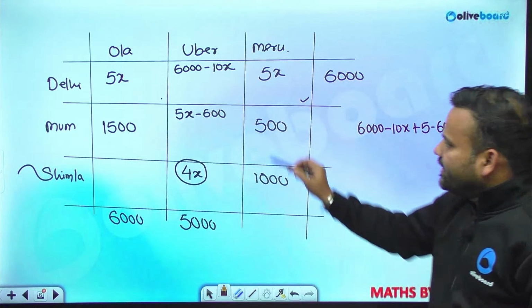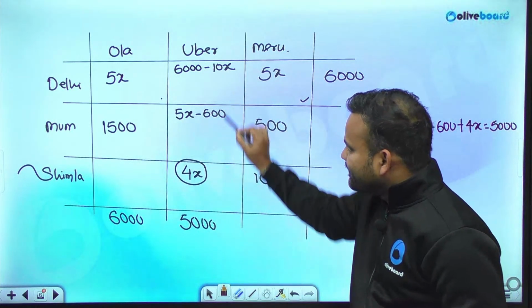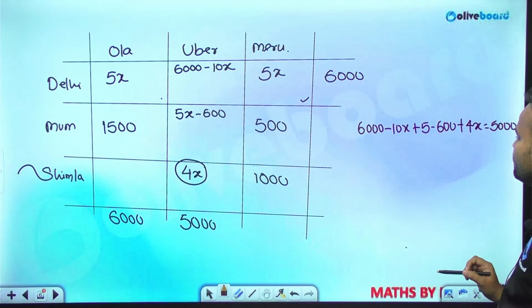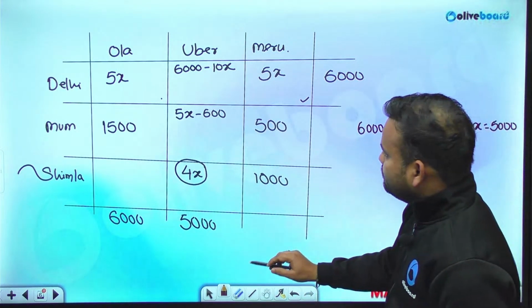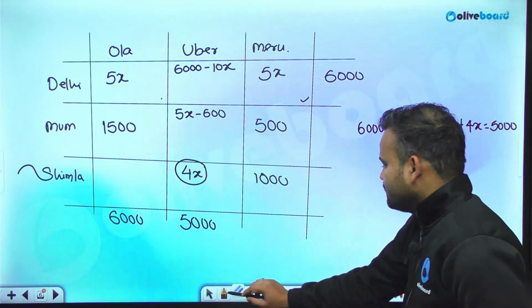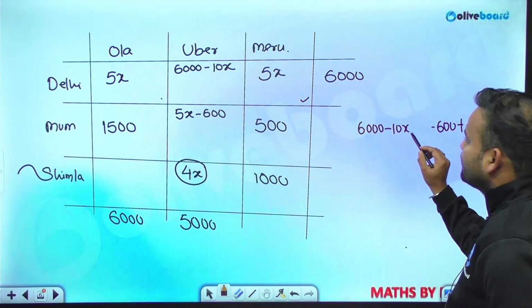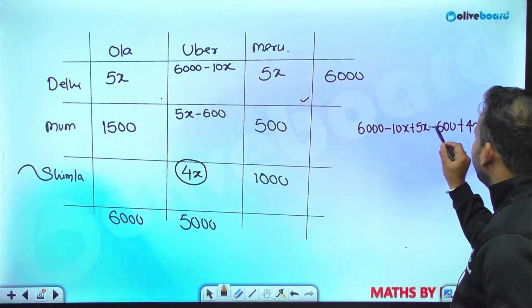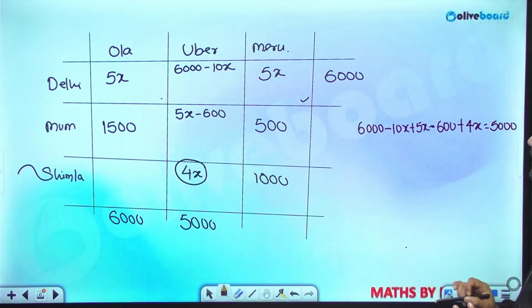क्लियर है? मैंने इन तीनों वैल्यू को ऐड करके 5000 के इक्विवेलेंट रख दिया. ठीक, चेक आउट दिस वैल्यू. 6000 minus 10x plus 5x plus 5x minus 600 equals 5000.